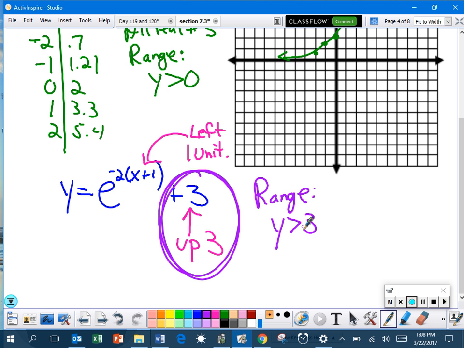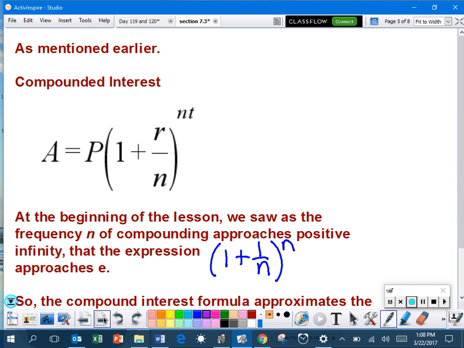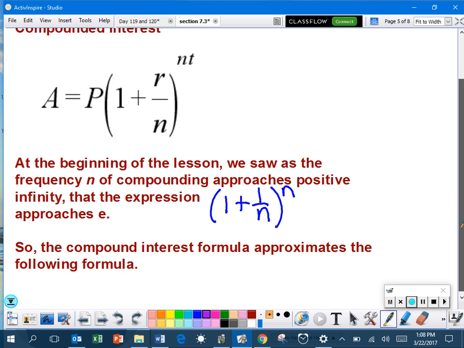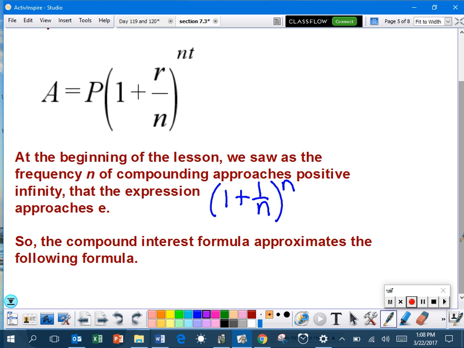All right, and then the last thing, as mentioned earlier, the compound interest looks very, very similar to the 1 plus 1 over n to the n power. Okay? So what we say is the compound interest formula approaches the following formula. So this is approaching this.